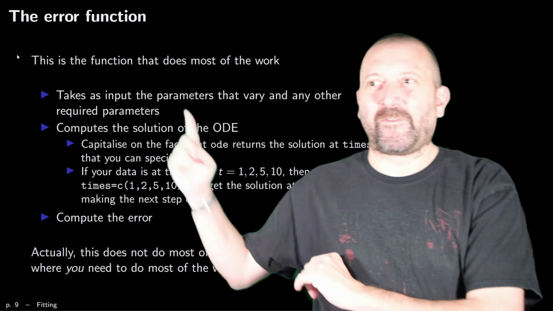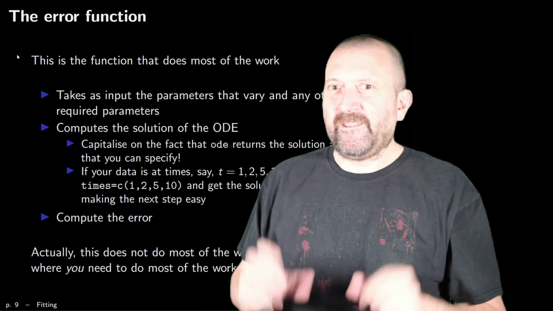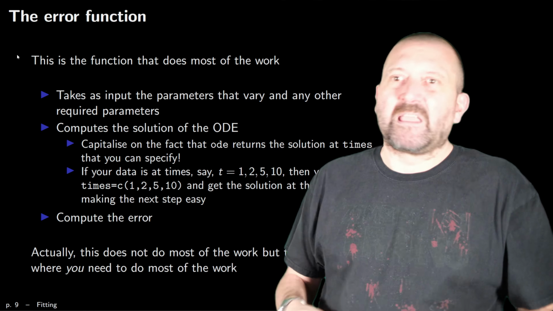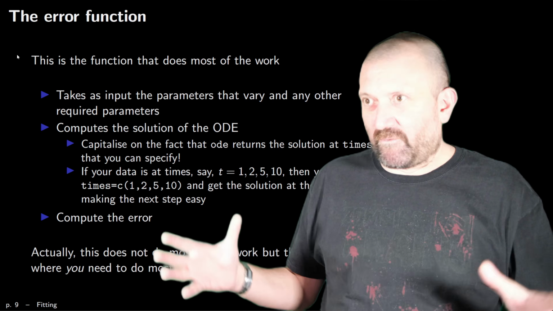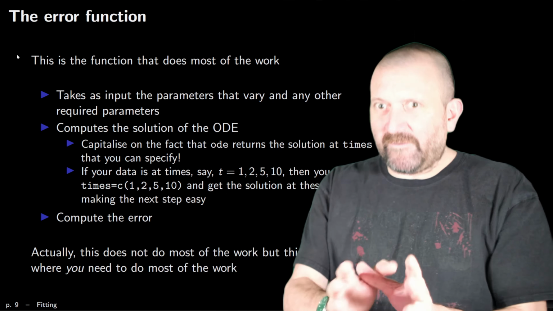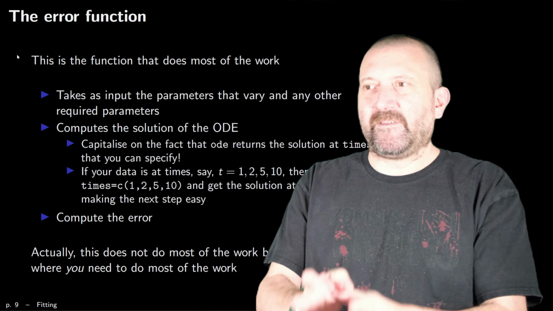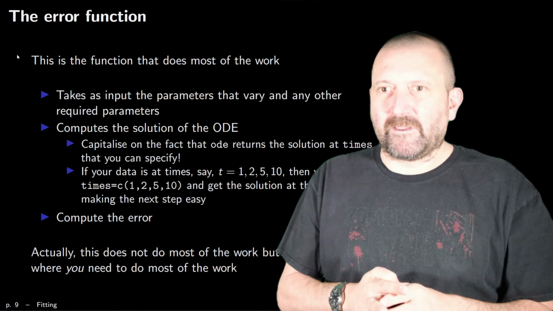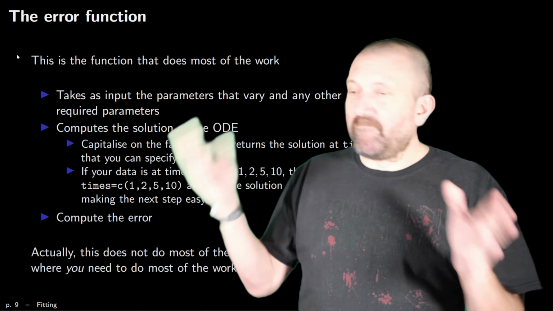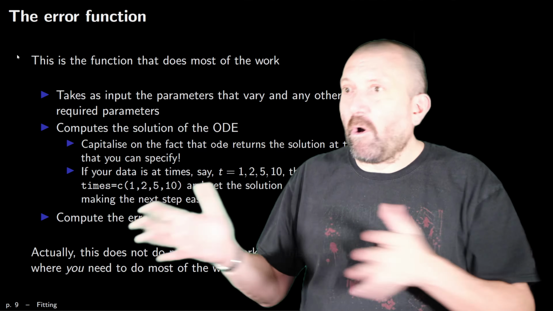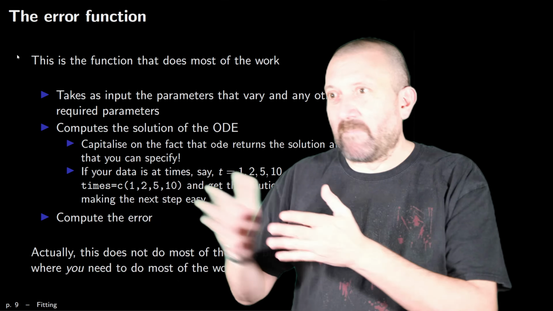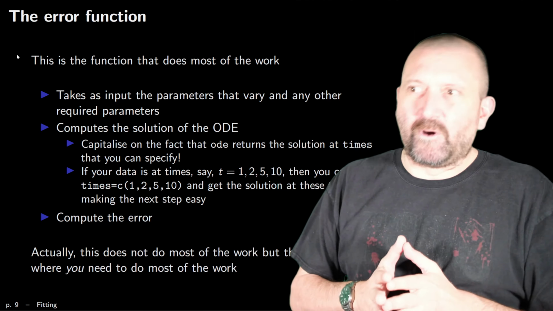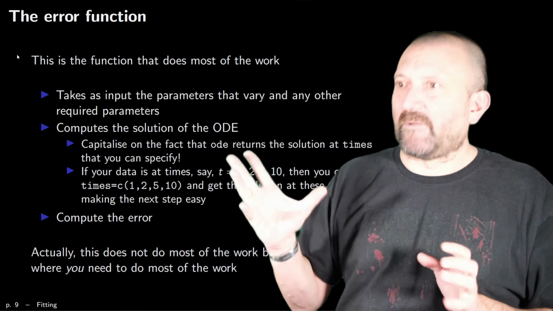So the function that you write takes as input the parameters and maybe other parameters. You have the parameters that you want to find, the parameters that you're fitting or identifying, and there might be other parameters that you're not trying to fit. You might know some values for some of the parameters of the model, but you are interested in fitting some of them.